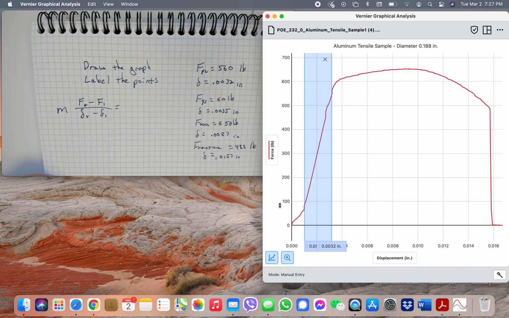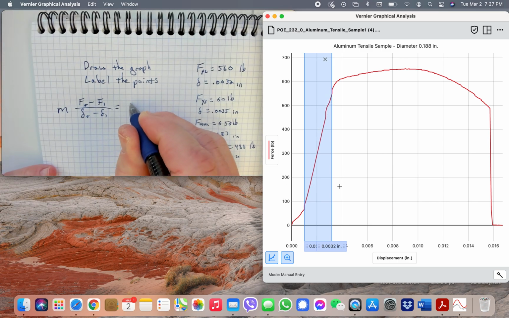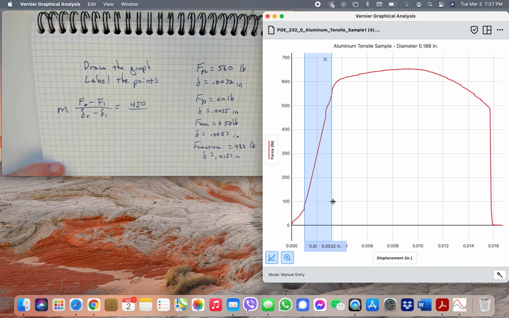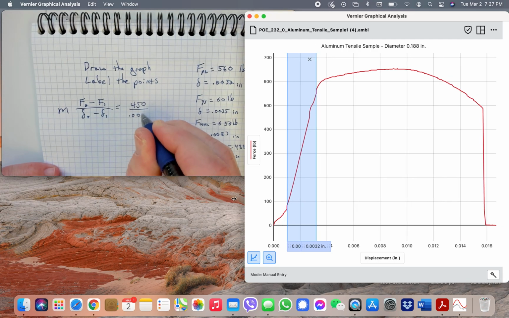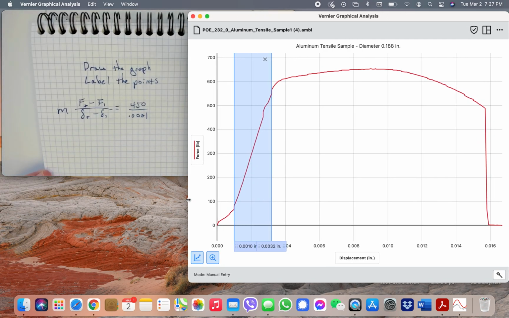Okay, so F2 is around 550, take away 100, so that's 450 divided by the difference in elongation, which is about 0.0021. Okay, I'll tell you what purpose that serves in a minute.